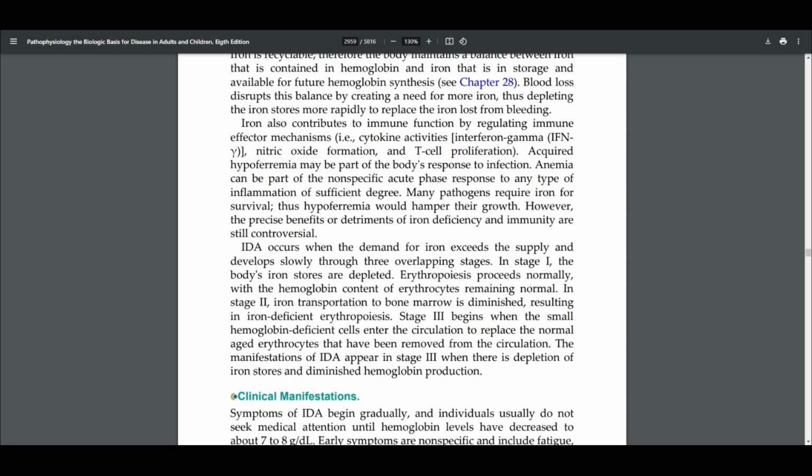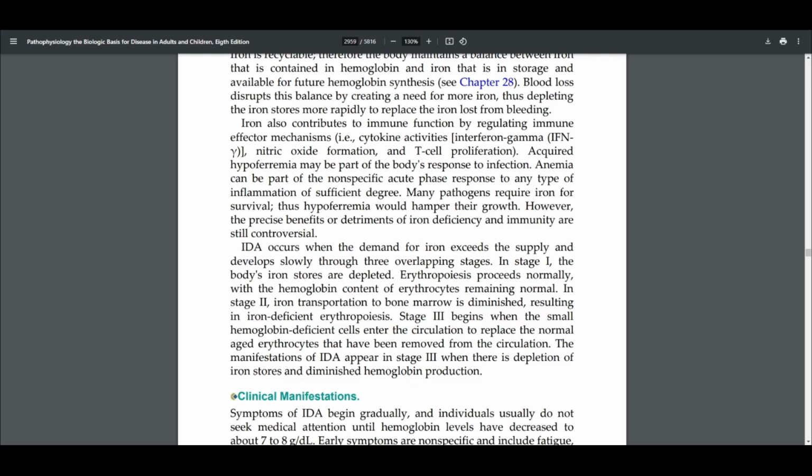Iron also contributes to immune function by regulating immune effector mechanisms, such as nitric oxide, interferon gamma, T cell proliferation, and cytokine activity. Acquired hypoferritemia may be part of the body's response to infection.